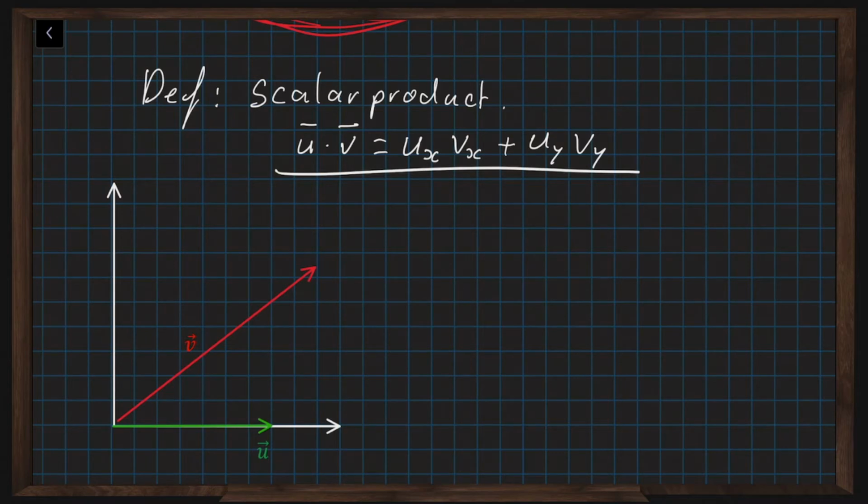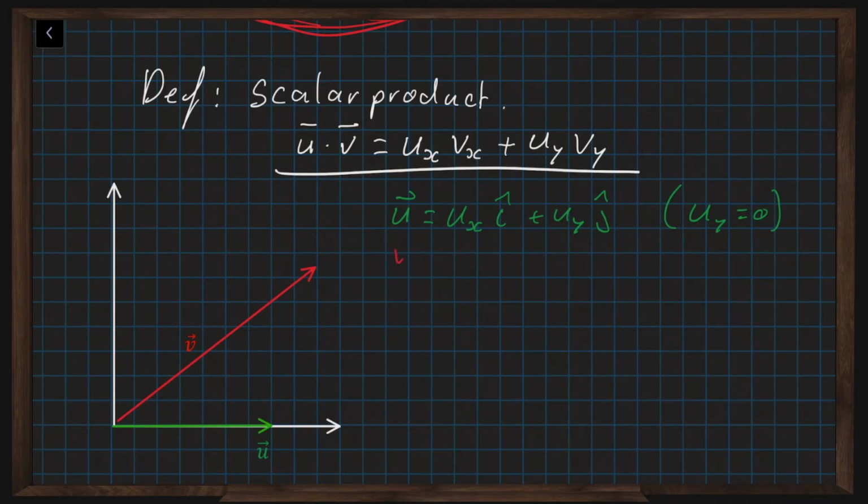Okay, but what does the scalar product actually mean? Well, let's take the vectors that I've drawn on screen. We have u. Now that is clearly ux i hat plus uy j hat. But remember that uy is equal to 0.